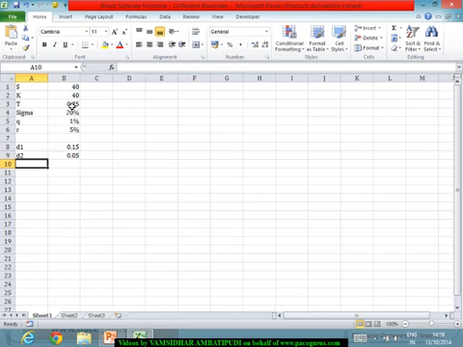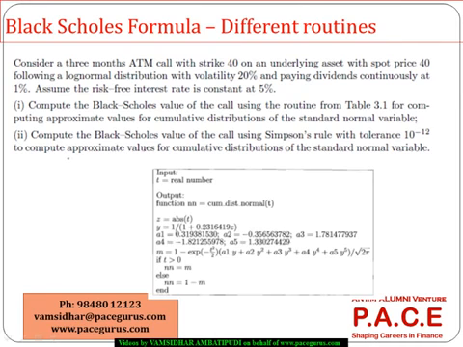Now I need to compute the cumulative normal distribution of D1, which is N of D1 and N of D2. Because if we remember, the formula for a European call option as per the Black-Scholes formula is S naught e power minus qT N(d1) minus K e power minus rT N(d2).